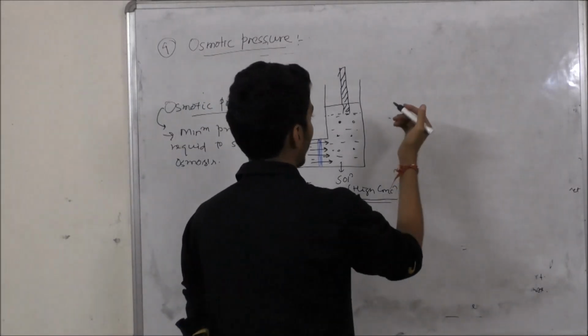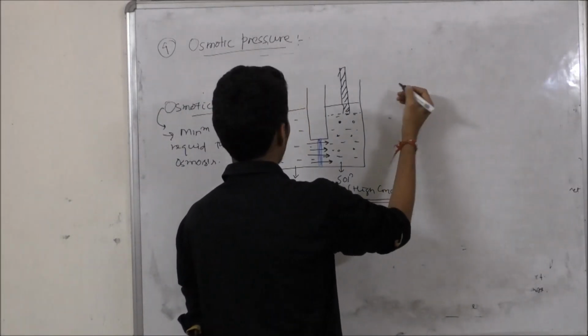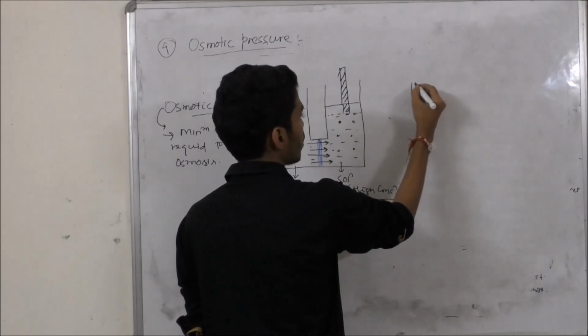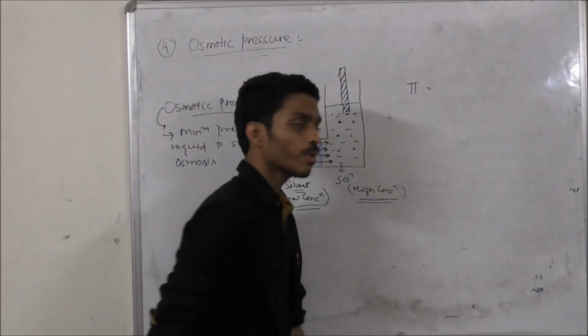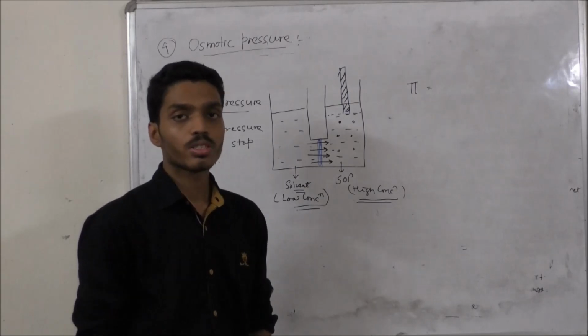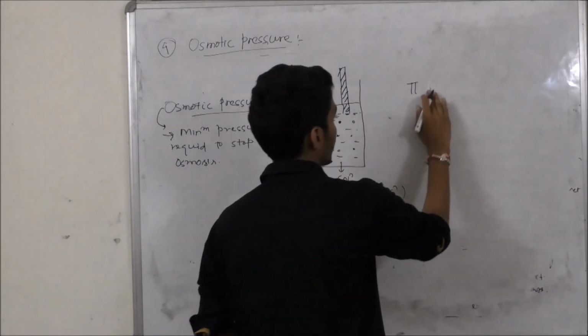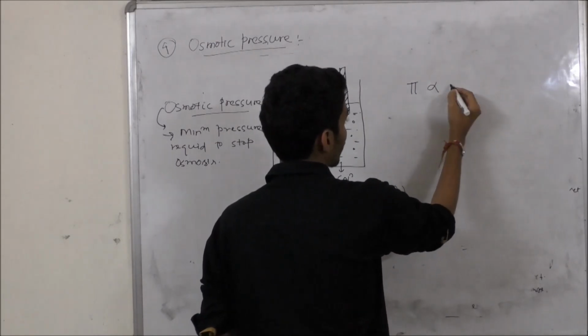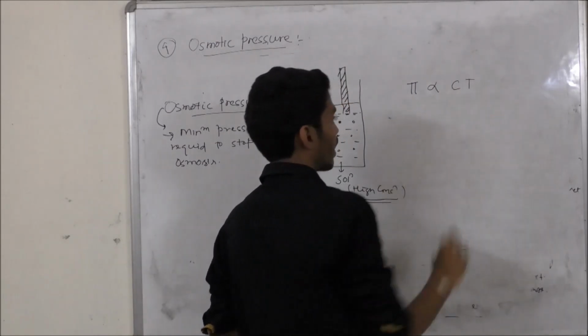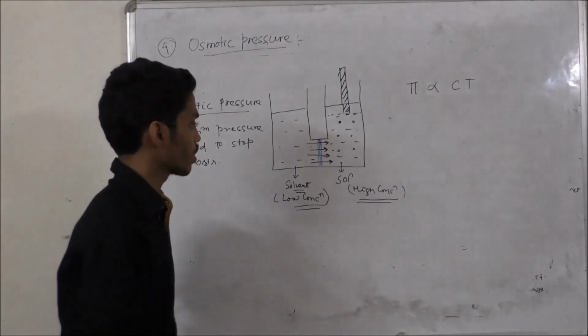Suppose we denote osmotic pressure by the symbol pi. It has been found that the osmotic pressure is directly proportional to the concentration of solution and temperature. Why concentration of the solution?